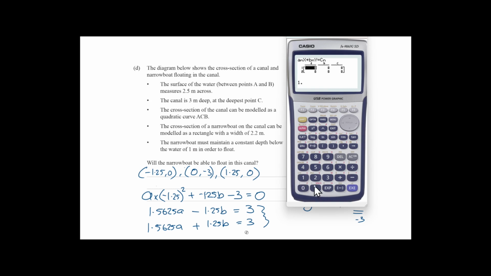So 1.5625, minus 1.25, 3, and 1.5625, 1.25 in there, 3 in there, and we get 1.92 and 0.